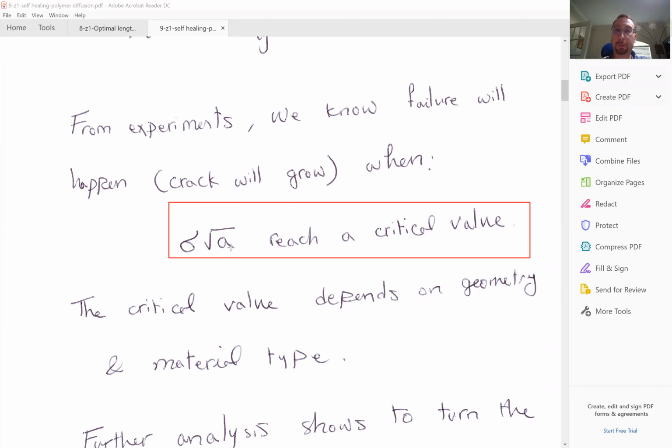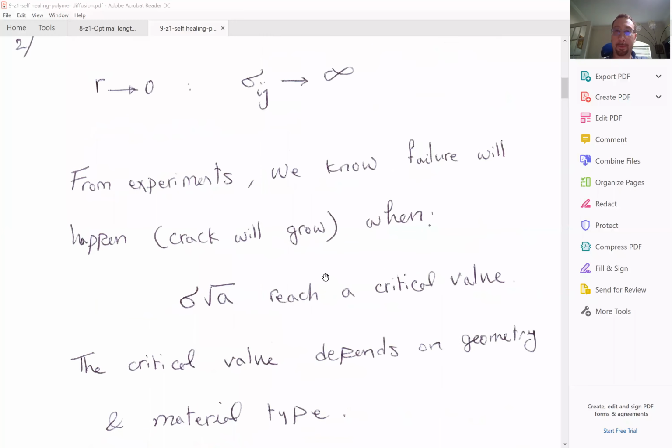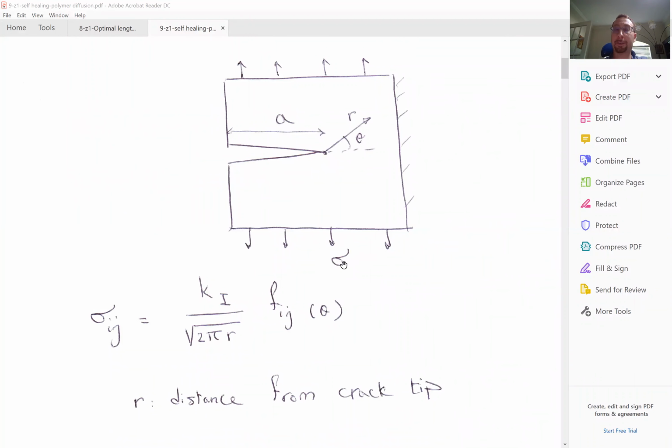When this reaches a critical value, the crack grows. So if I go back to this drawing, if you apply a certain sigma, and the product of sigma times the square root of a is very low, the crack will not grow. If you keep increasing sigma, at some point sigma times the square root of a will reach a critical value and the crack will grow. Now, what that critical value is depends on two things: the material type and the geometry of the sample you're dealing with.